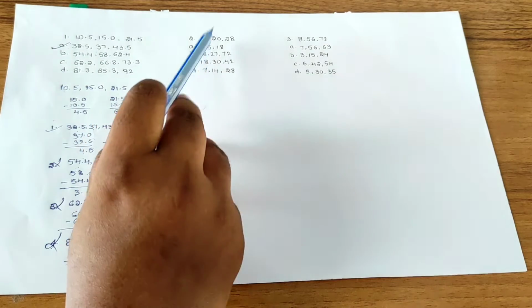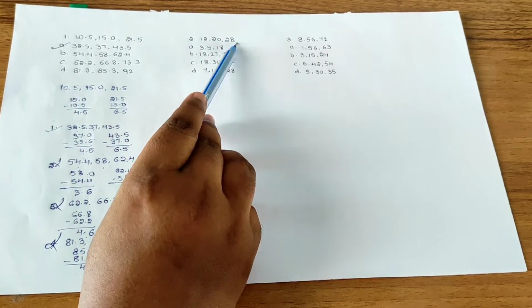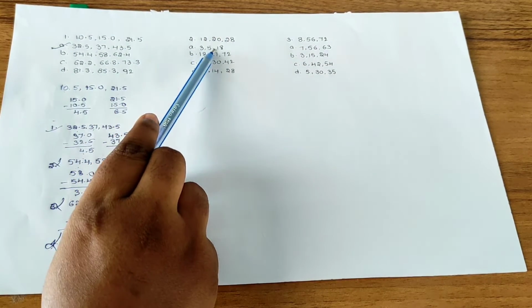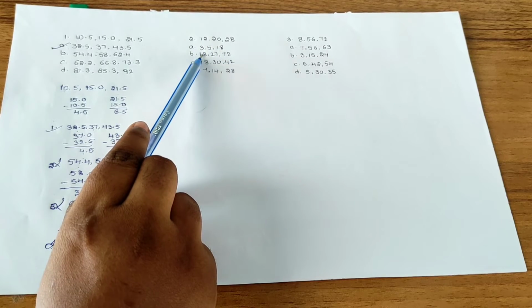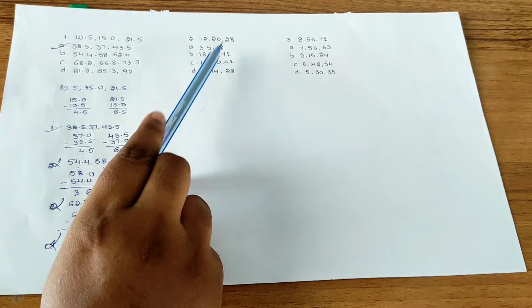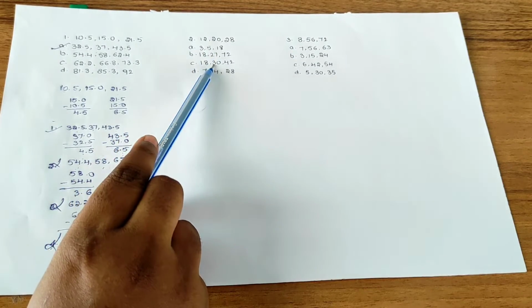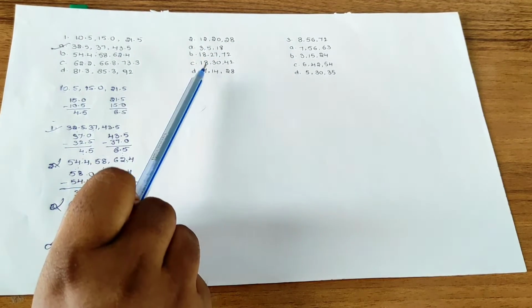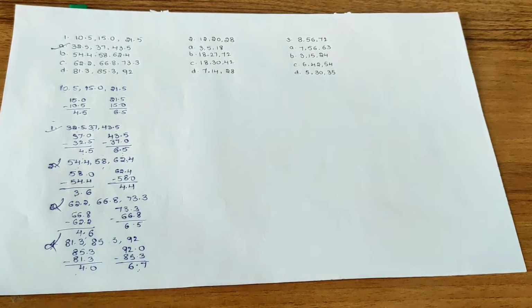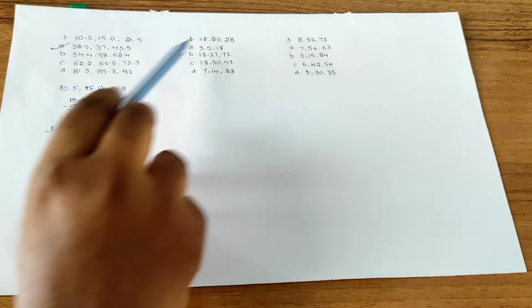The question is 12, 20 and 28. So the options are 3, 5, 18. And the second option is 18, 27, 72. Third option is 18, 30, 42. And fourth option is 7, 14, 28.